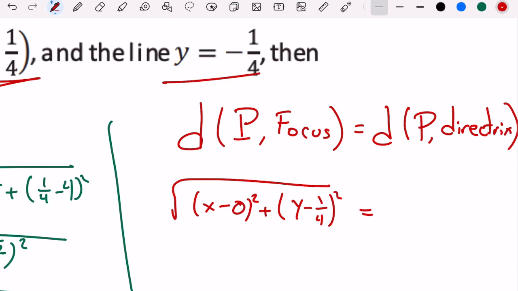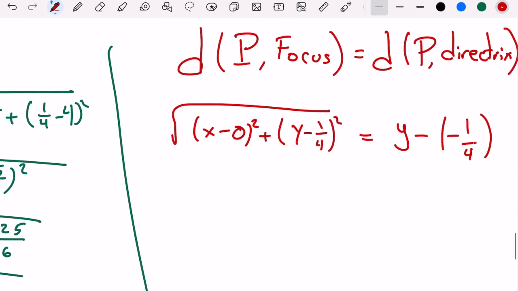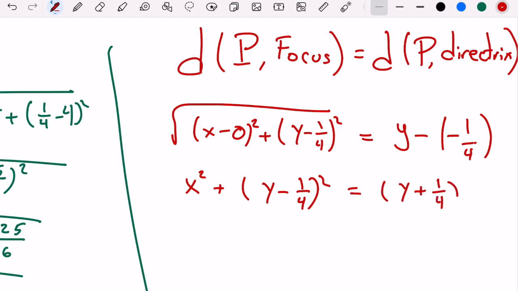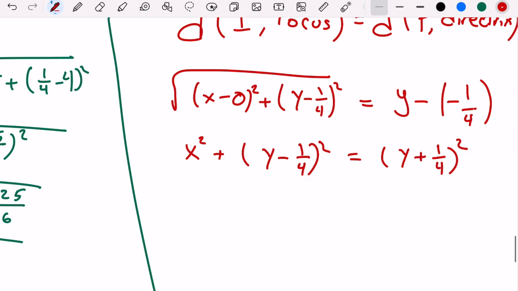And the distance from P to the directrix is just y plus 1/4. I hope that you see why it's y plus 1/4. It is y minus k, so it is y plus 1/4. Okay, I'm going to square both sides. So I have x squared plus y minus 1/4 squared equals y plus 1/4 squared.